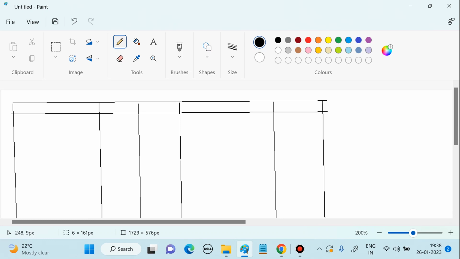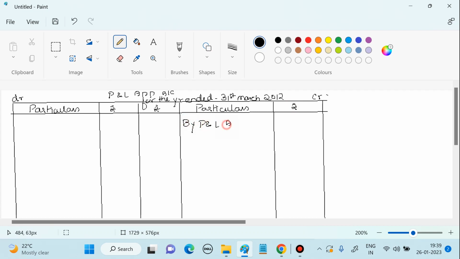If the name of the firm is given, write that name and then write the profit and loss appropriation account. And also the year is given, like in this case, you can write for the year ended 31st of March 2012. If the year is not given, write for the year ended and leave it dash dash dash. Don't forget to write the debit and credit and fill in the particulars and rupees column. We will be starting with the net profit. We'll write by profit and loss account, net profit amount of 2 lakhs.